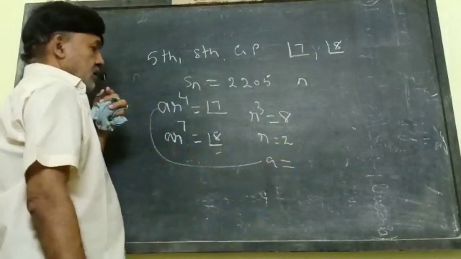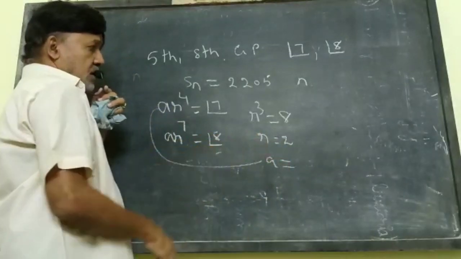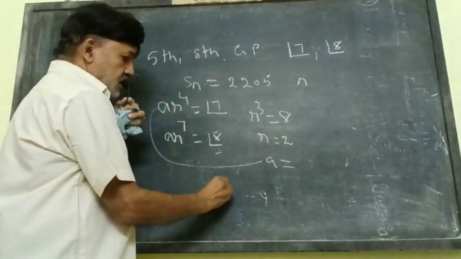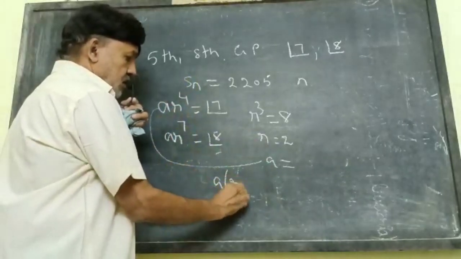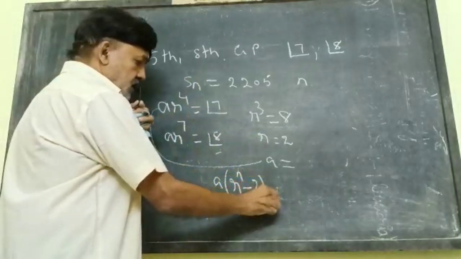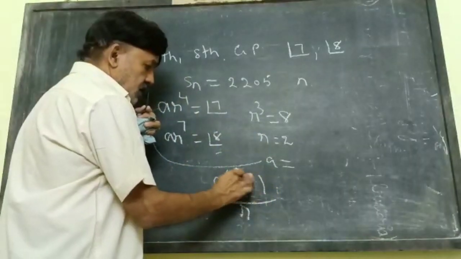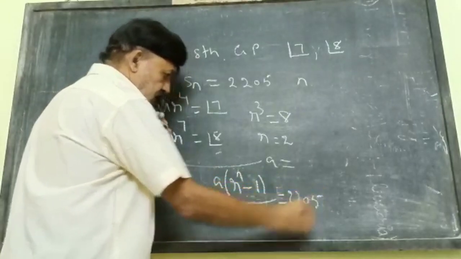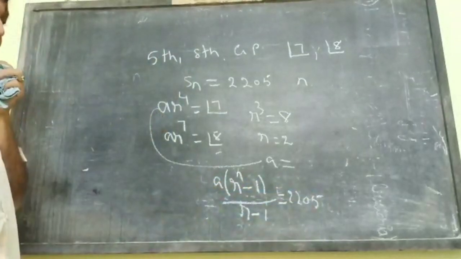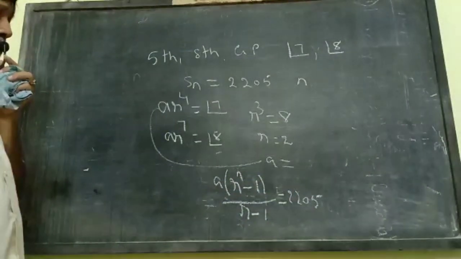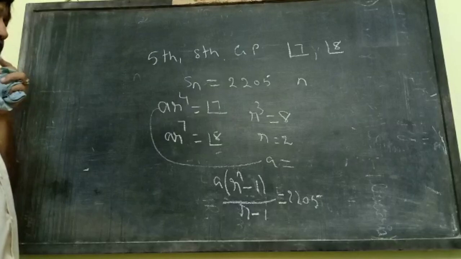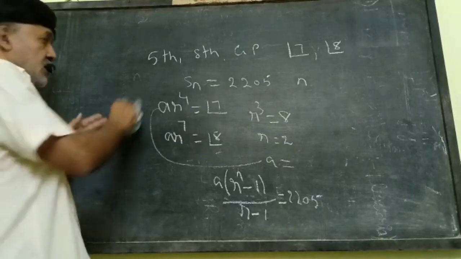You know a and r. Sum of n terms is what? A into (r to the power of n minus 1) by (r minus 1) is equal to 2205. So you can substitute r value and a value, hence you can calculate n value. There is nothing much to explain in this problem. I hope easily you can do this.